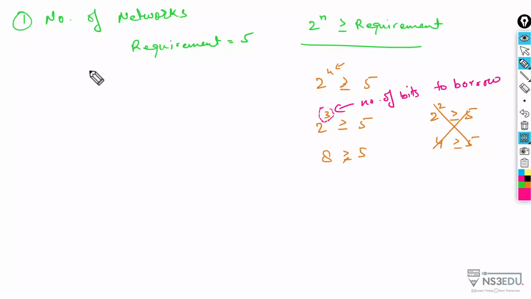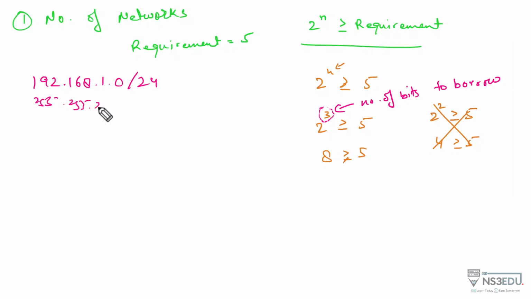Now I mentioned to you an IP address 192.168.1.0/24, you know, 255.255.255.0. These 8 and 8 bits will make up /24. Okay, 24 bits, which means that we have 24 bits reserved for the network portion.